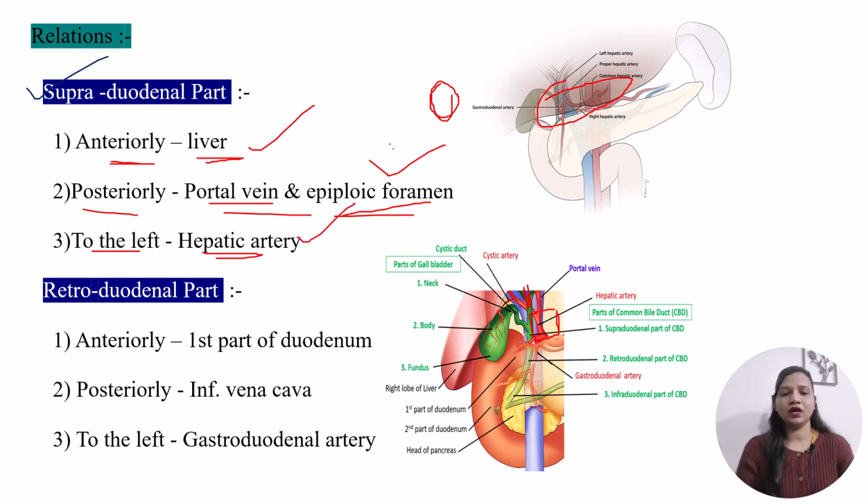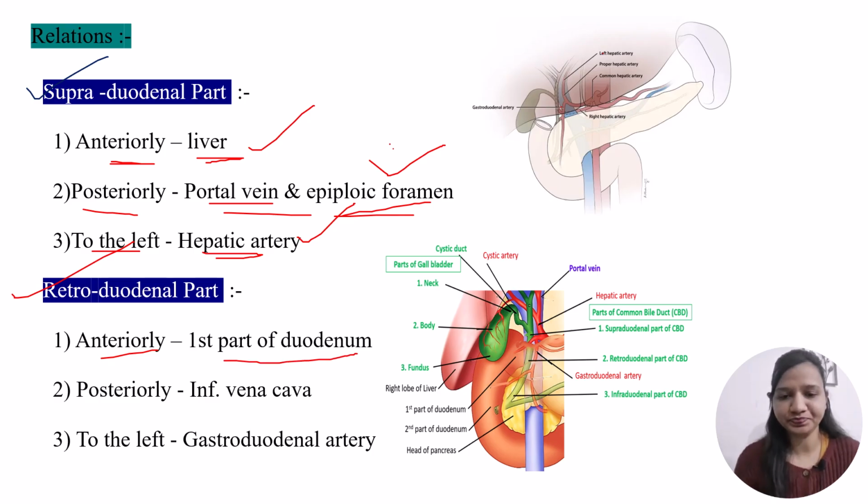Then the retroduodenal part. The relations of the retroduodenal part are: anteriorly this part is related with the first part of the duodenum. As you can see here, this is the retroduodenal part.